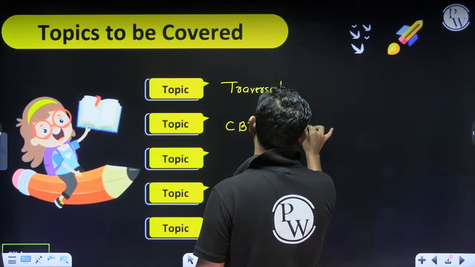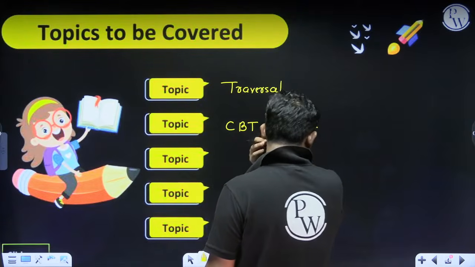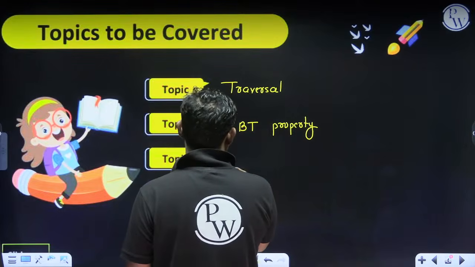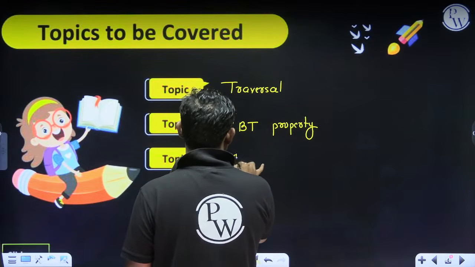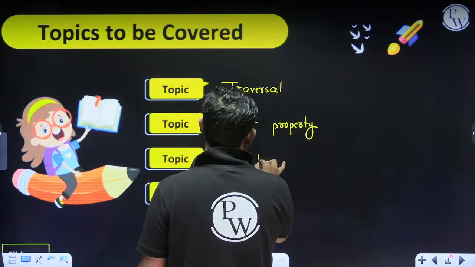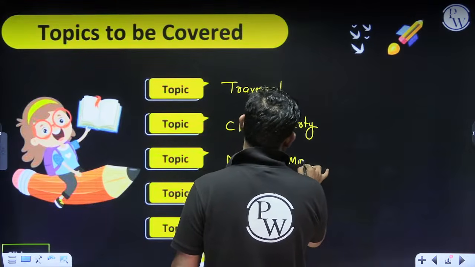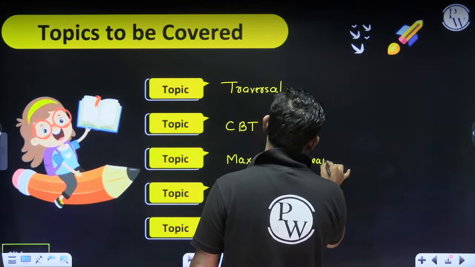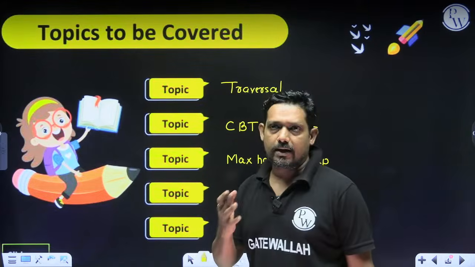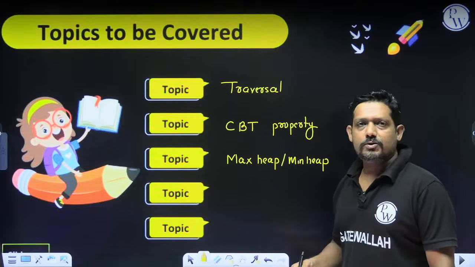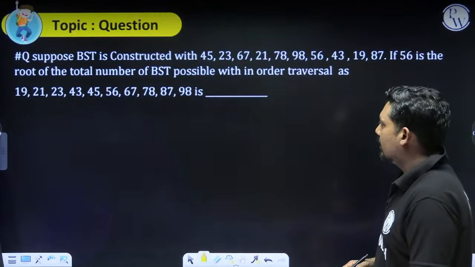This is how the heap starts, and we will also learn about max heap and min heap. We can only cover the definition part, max heap or min heap with the CBT property. So these three things I am targeting. Let's see how much we can cover from this.